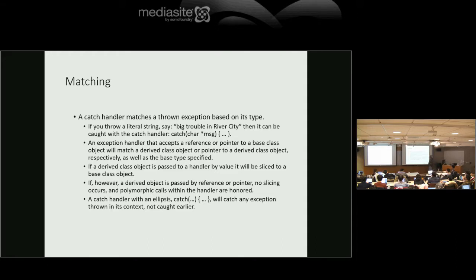I've rendered my derived object into a base object. But if I pass by reference, I just have a base class reference bound to a derived class object, and all the polymorphic stuff works just fine. All that derived stuff works just fine. So throw by value, catch by reference is the standard litany. Always do that.